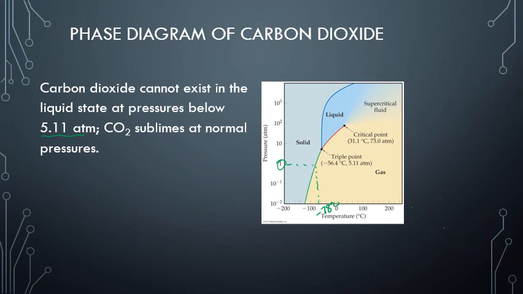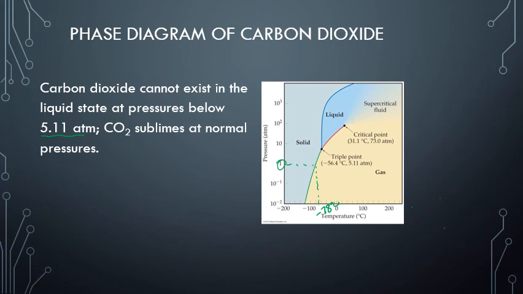So that's why when you put a piece of dry ice onto the countertop, you just see the little gas being given off, or you put it into a beaker of water and you just see all the gas coming out for all the fog effects that you would have. And that's because the liquid state doesn't exist at normal atmospheric pressure.